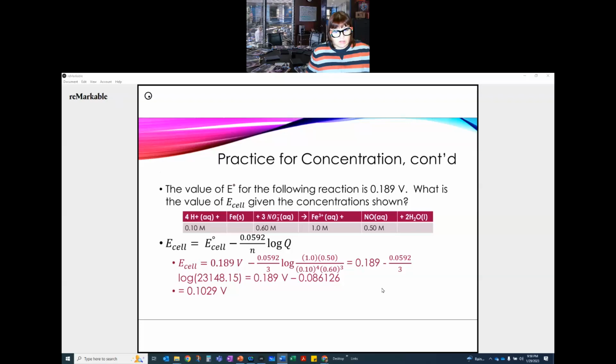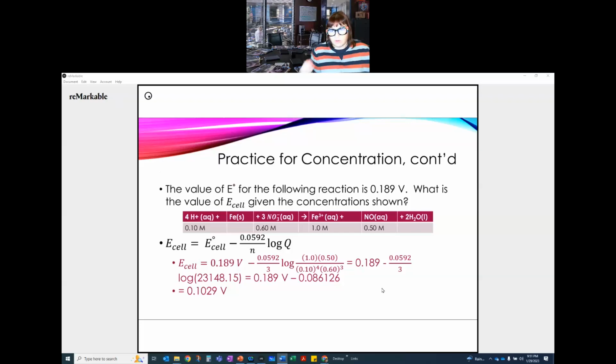When we calculate our Q, it's going to be our products, which is the Fe3+ times the NO, divided by the H+ to the fourth times the NO3- cubed. And if I look at that, that's a 3 electron process.